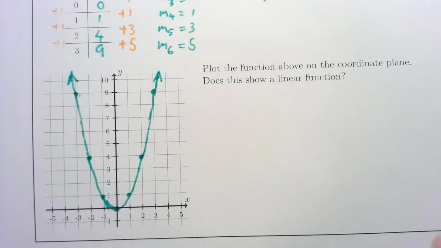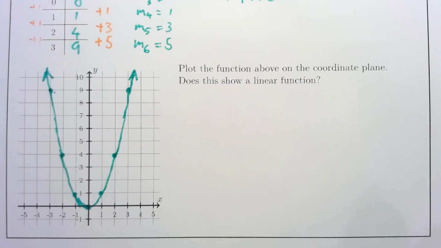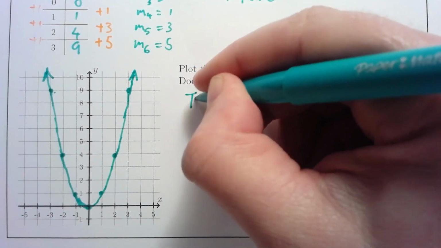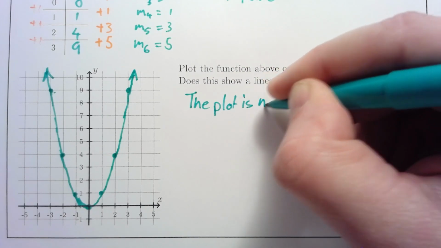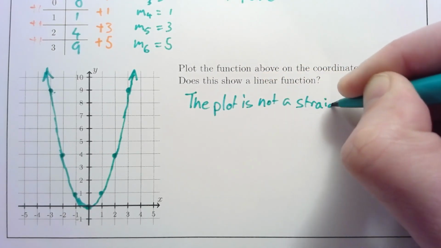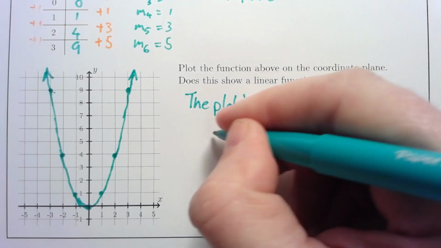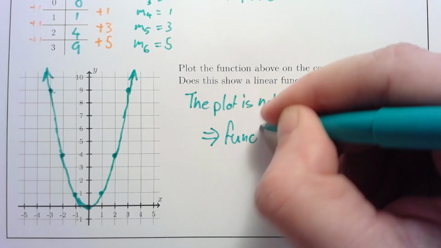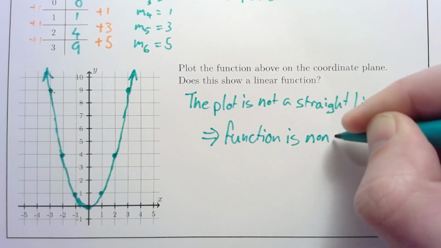In fact, you will learn a lot about this function in high school. For now, there's really only one thing we're interested in it though. So the plot is not a straight line, which, as we've seen, means the function is non-linear.